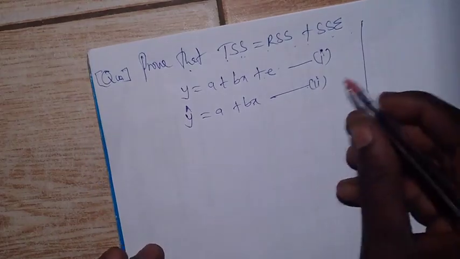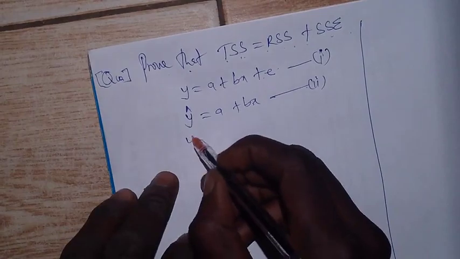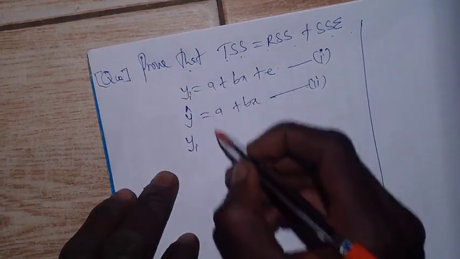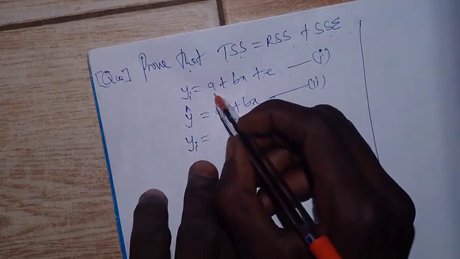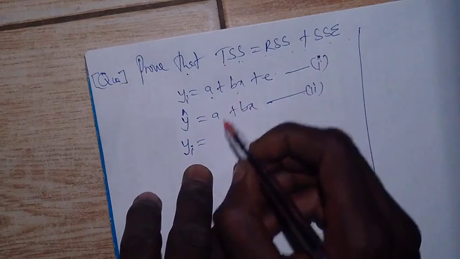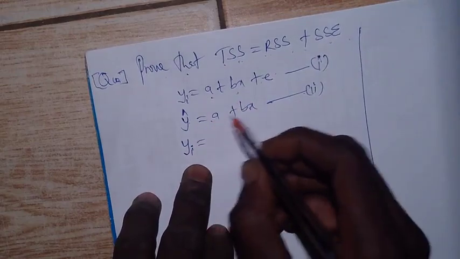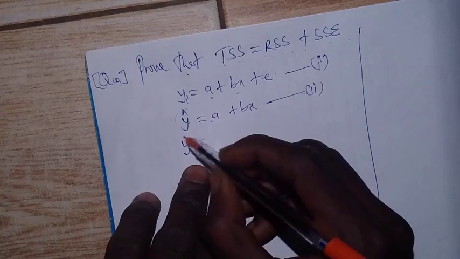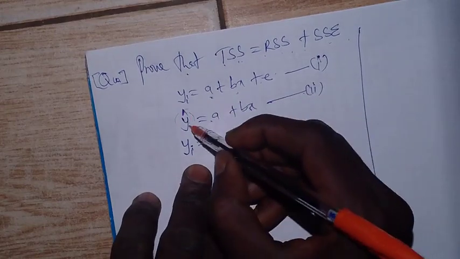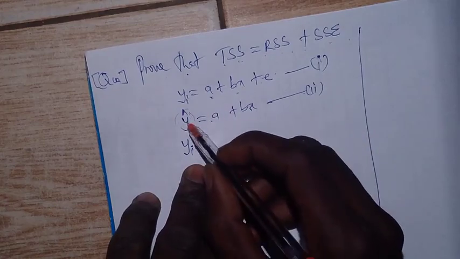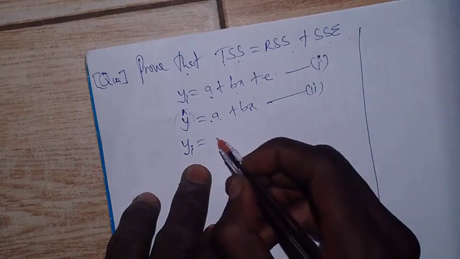So now yi, instead of writing a plus bx, since y cap is the same thing as a plus bx, let's substitute it with y cap. A plus bx will be substituted with what? Y cap. Why? Because y cap is equal to a plus bx.